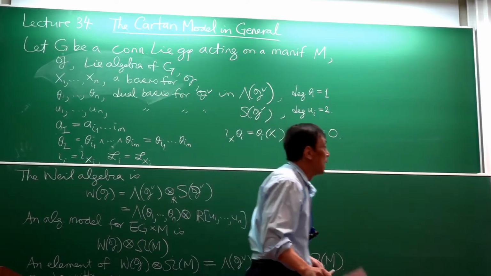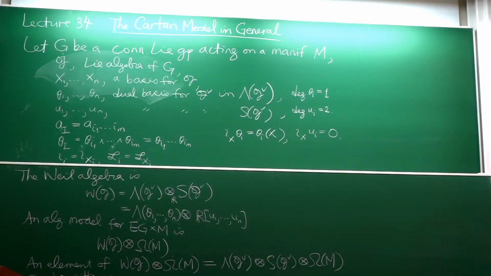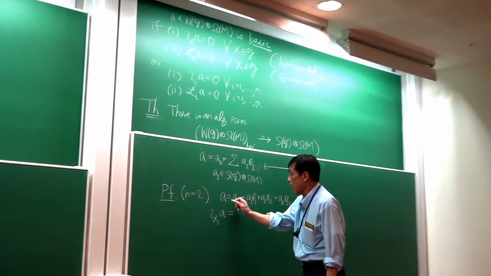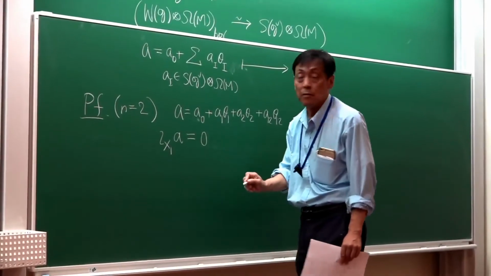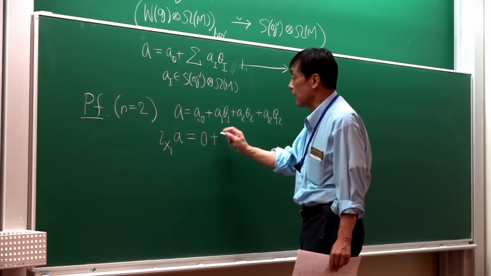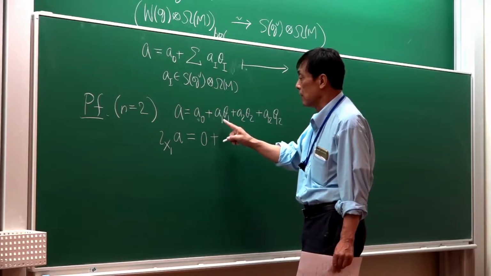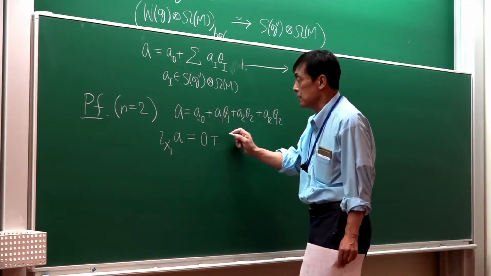Okay. So this A0 has only u's in it, therefore Ix of A0 is 0, okay? And then Ix of A1 is 0, but it's an antiderivation.